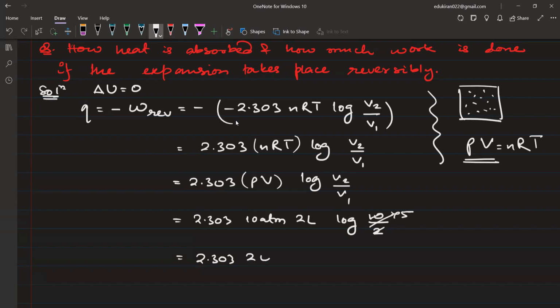This is equal to 2.303 into 10 into 2, which is 20, into log of 5, liter atm. 2.303 into 20. The value of log 5 is 0.7 liter atm.